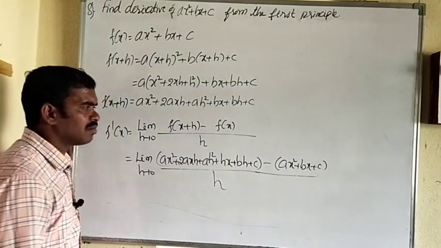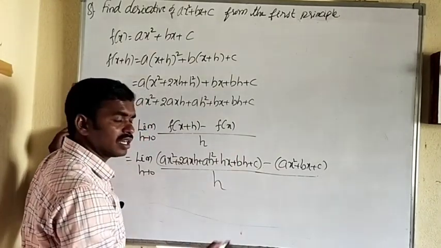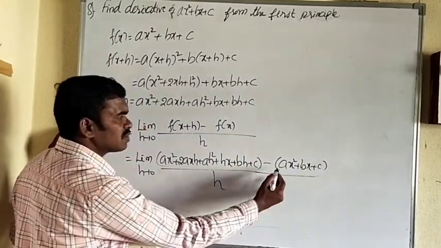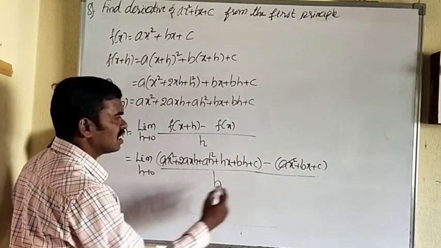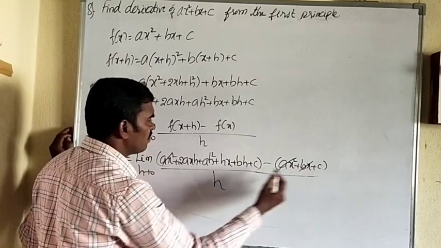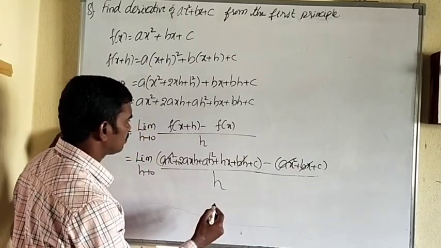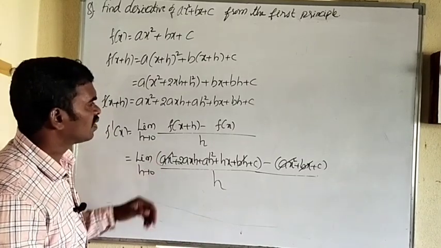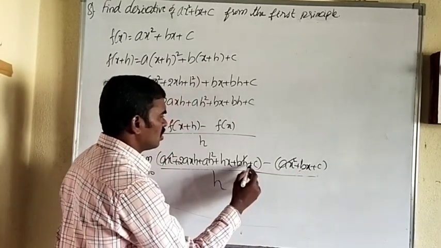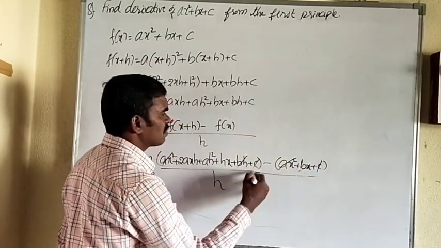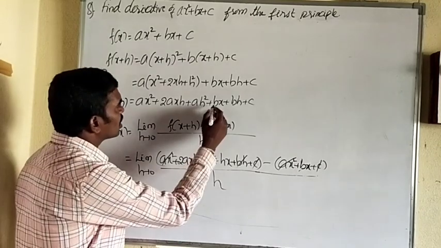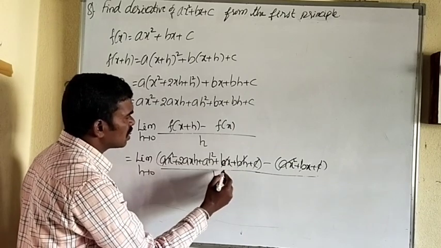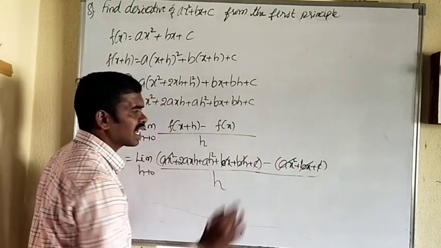See here, directly I am saying this is minus ax square, am I right? And minus into plus bx is minus bx, and minus into plus c becomes minus c. So plus ax square and minus ax square cancel, plus bx and minus bx cancel, and plus c and minus c cancel.